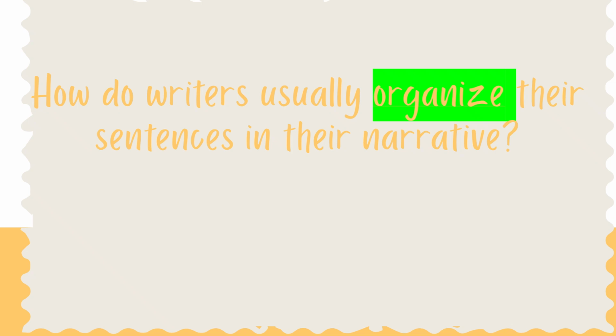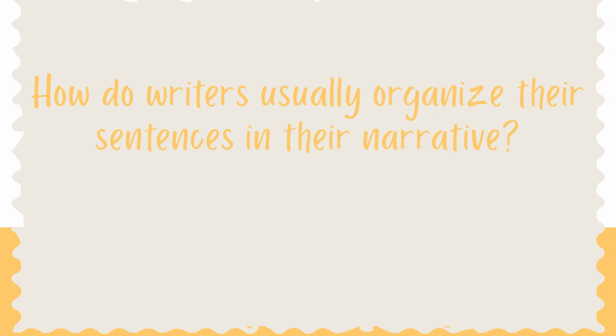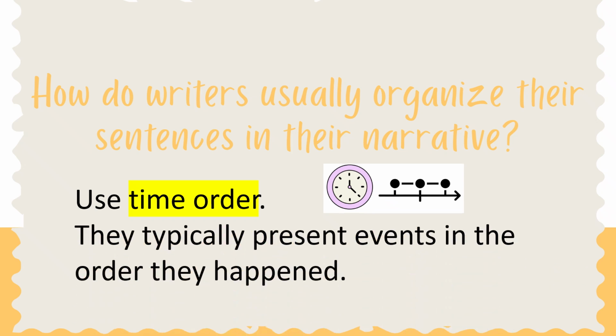How do writers usually organize their sentences in their narrative? The answer is very easy and direct. They use time order. They typically present events in the order they happened.